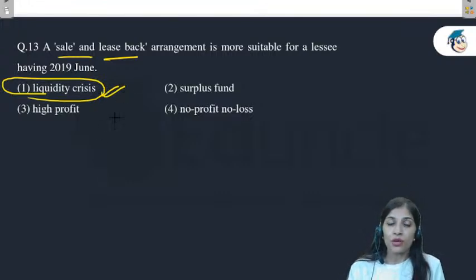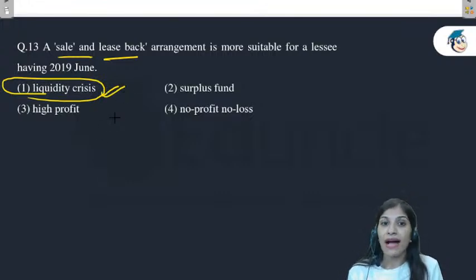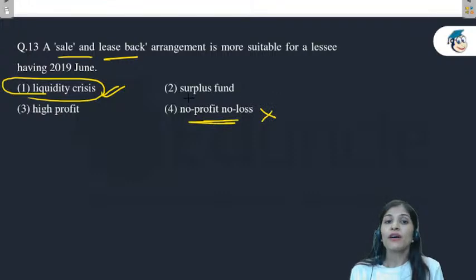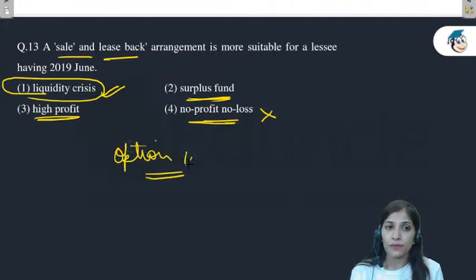Here we can sell and lease back our assets, our fixed assets, and we can have the funds. Not at break even, we do not sell or lease back. In surplus funds and high profits, we do not require it either. So in a liquidity crisis, we need to sell and lease back, right?